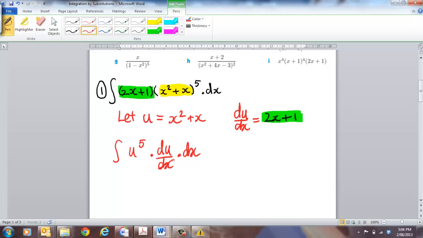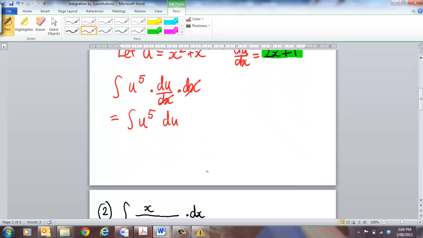Now what it allows me to do is then write this as equal to the integral of u to the power of 5 with respect to u. So we're differentiating that with respect to u, and so therefore when I do that integral, that's going to be u to the power of 5 plus 1, which is 6, all over 6 plus c.